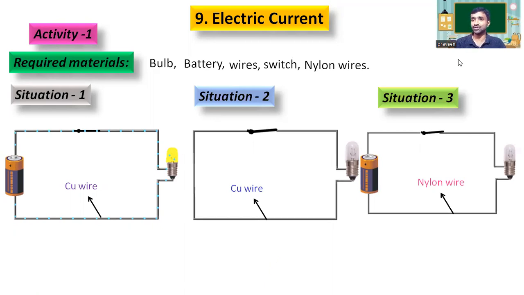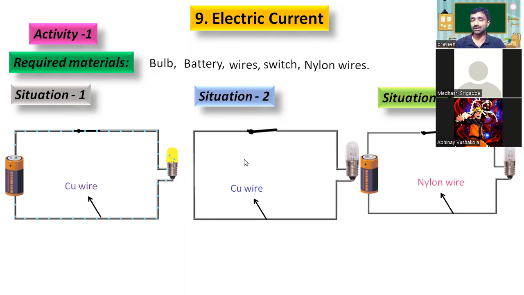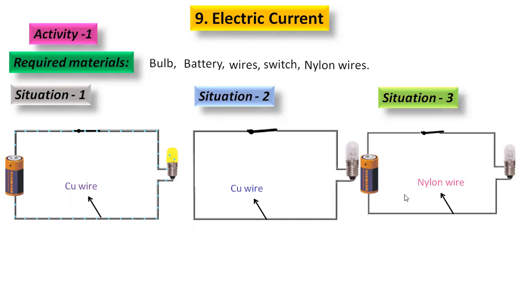Just give me the observations, what you observed in these 3 situations. Anybody, give me that answer for the 3 situations. What are your observations? Vikram. Sure. Give me your observations.